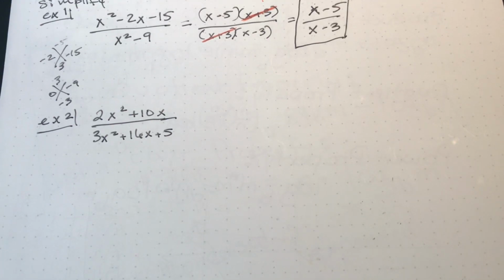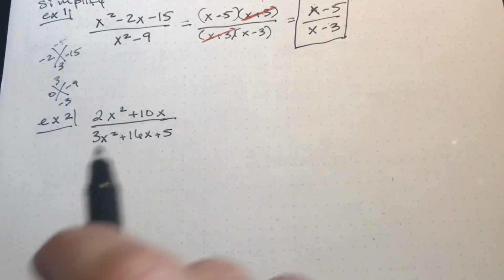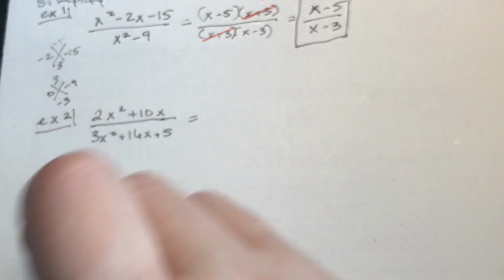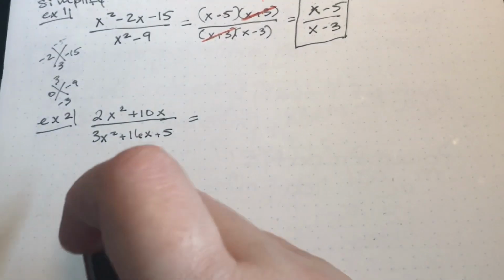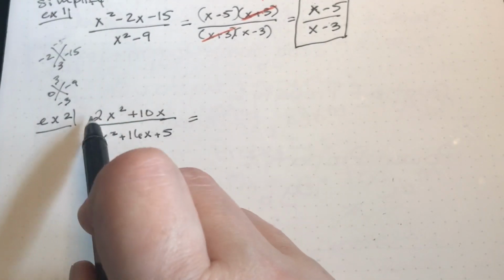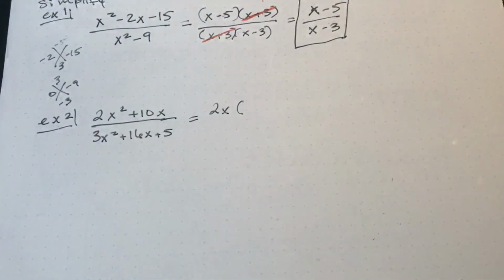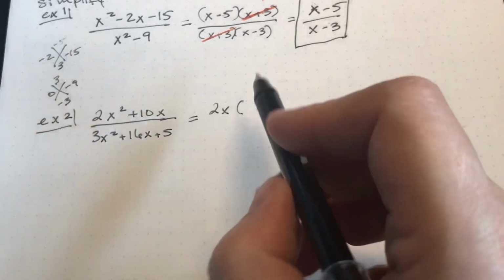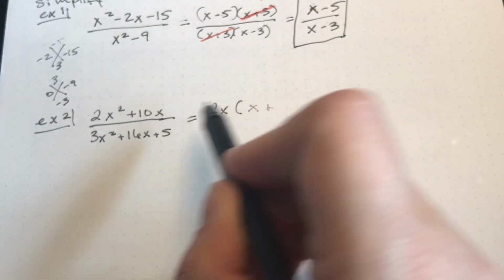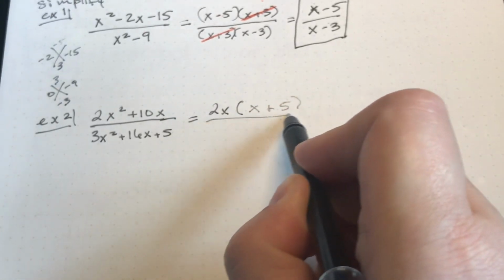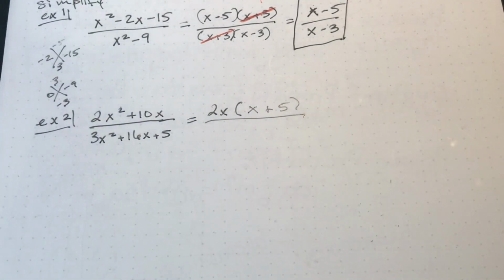We cannot simplify that yet, but we can factor. So on the top, on the numerator, my greatest common factor for these two terms is 2x. So I'm going to factor out a 2x, and in this first term, I'm left with x, and in the second term, I'm left with 5. So there's my factored numerator.